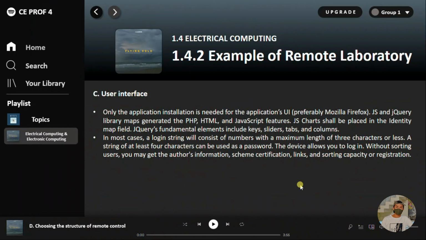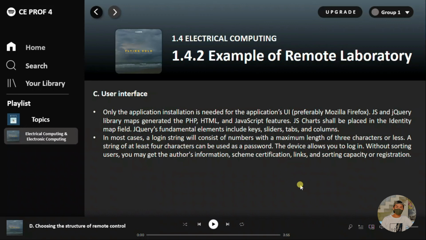So I think the last one of the examples of remote laboratory is the user interface. Only the application installation is needed for the application. Preferable kay Mozilla Firefox. JS and jQuery library maps generated by PHP.